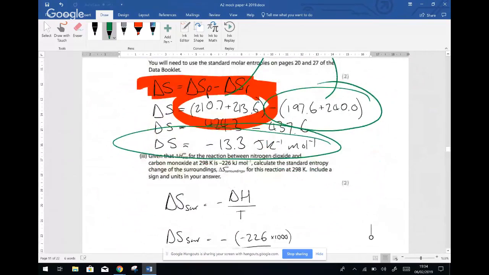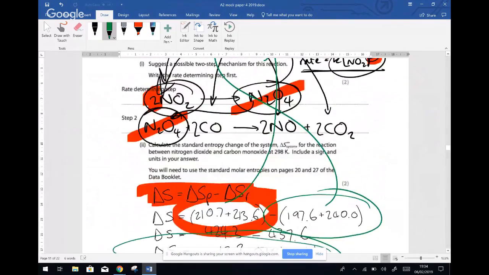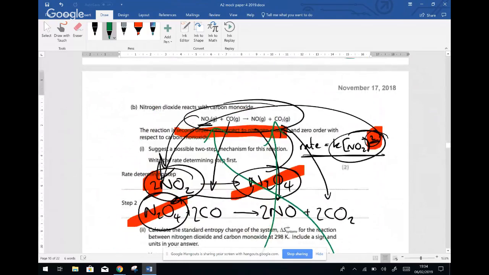The next thing is, how do you explain the fact that it's negative? This is saying that it's decreasing in chaos, decreasing in disorder. So could you explain it? And the reason why you'd probably explain that is because carbon dioxide is linear. Carbon monoxide and nitrogen monoxide are very similar in size.